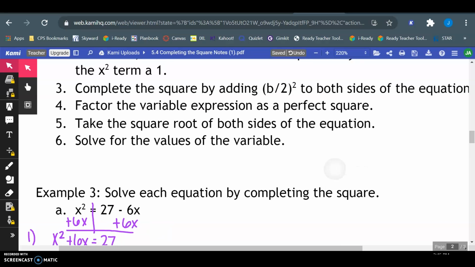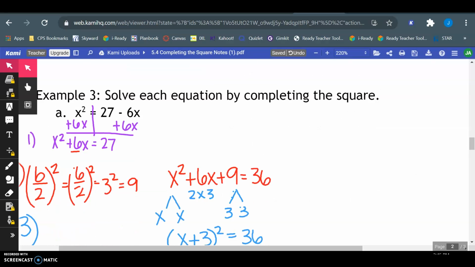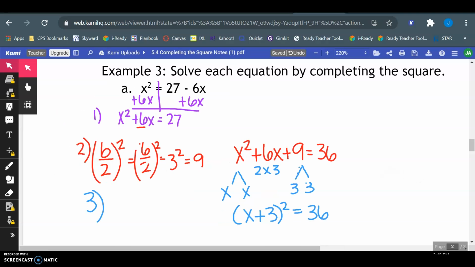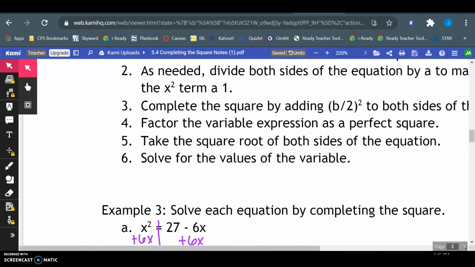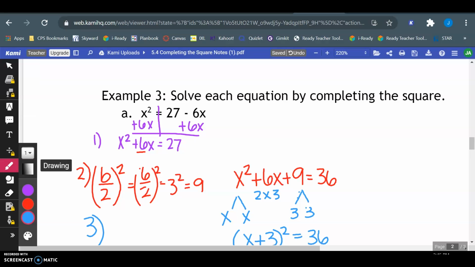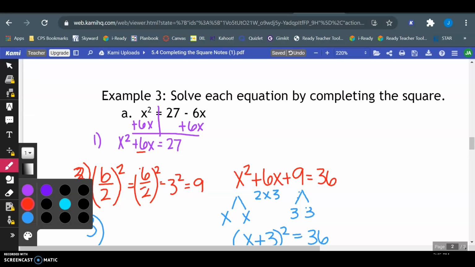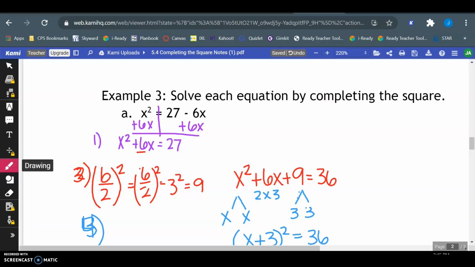Then step 4 says, oh, that was step 4. Step 5, take the square root of both sides of the equation. So I got off on my steps here because we didn't do step 2. It said as needed. So really this red is 3 and the blue is 4, step 4.